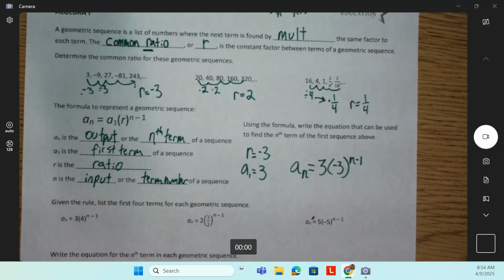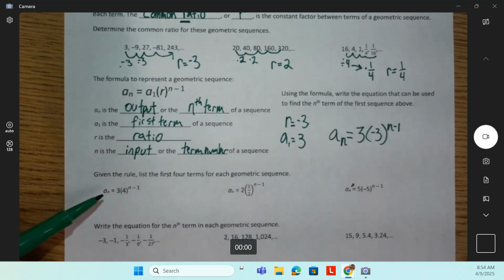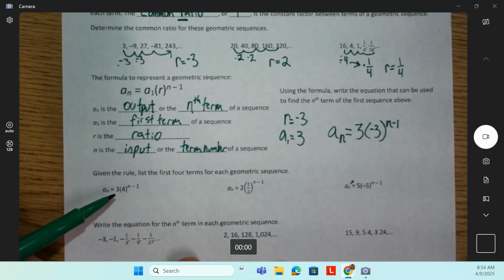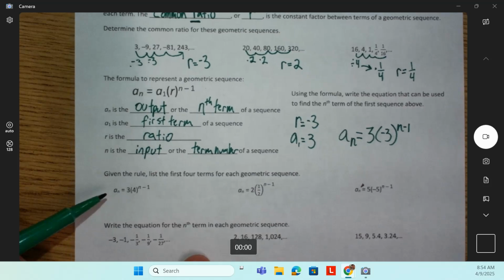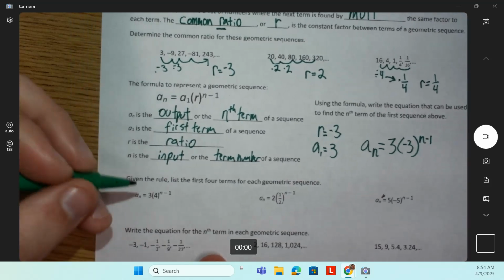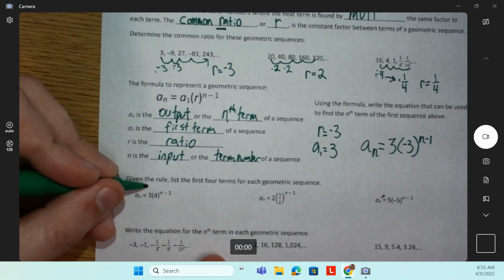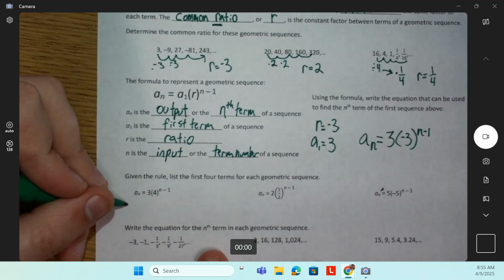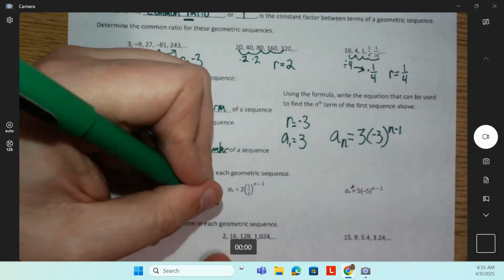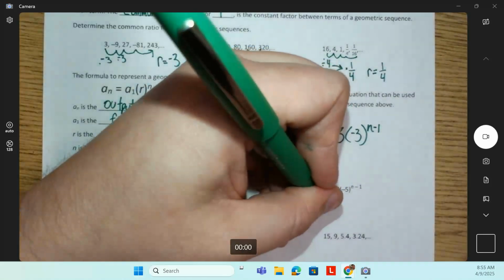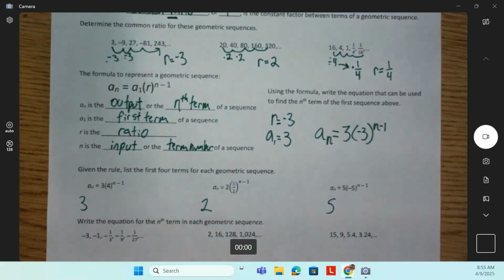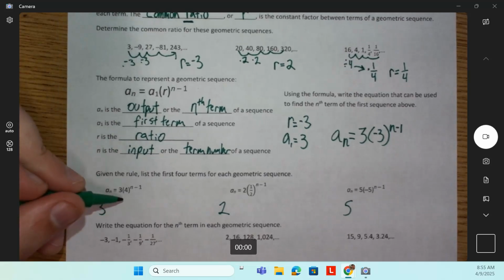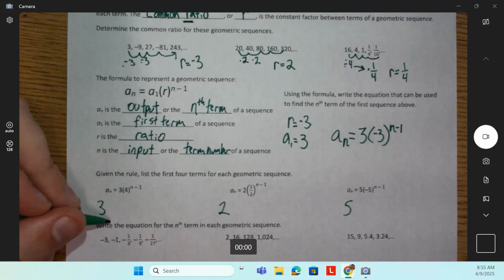So you're also going to have these where it says, what are the first 4 terms in the sequence? And so my first term is always going to be that a_1 value. So that one's 3, for instance. That one's 2. That one's 5. Then I'm just going to multiply by 4 each time.